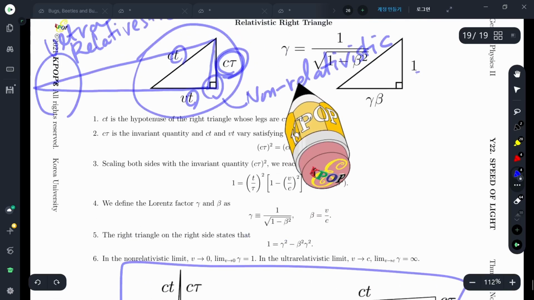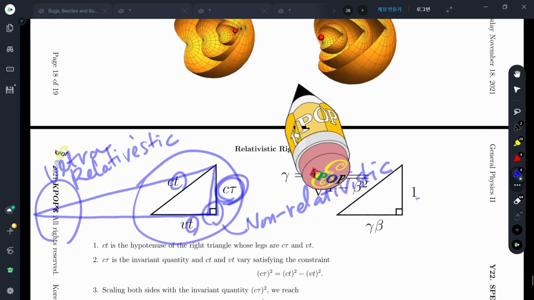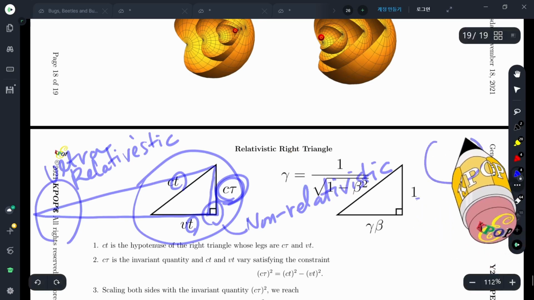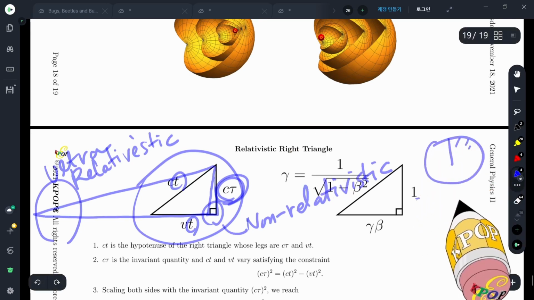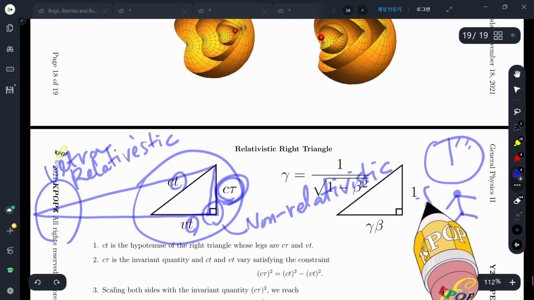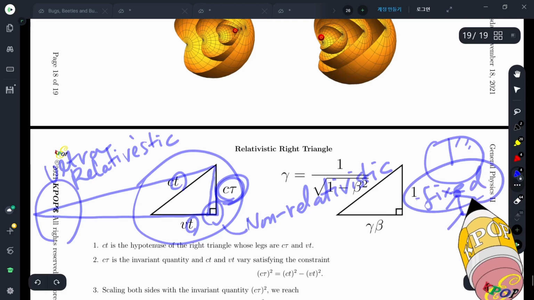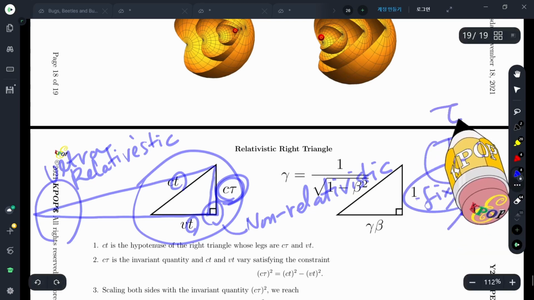All right, so we have found the time varies depending on the frame of reference. If the clock is fixed at a single point, a fixed clock shows tau.